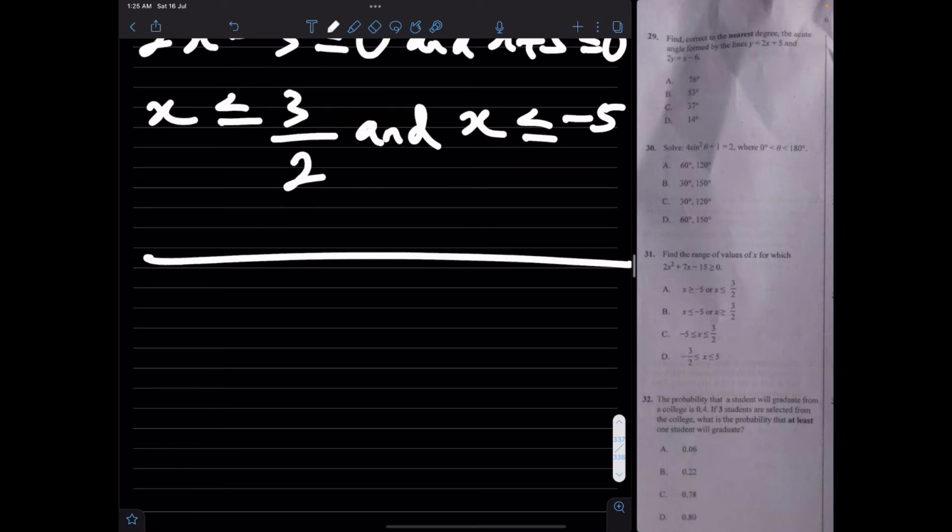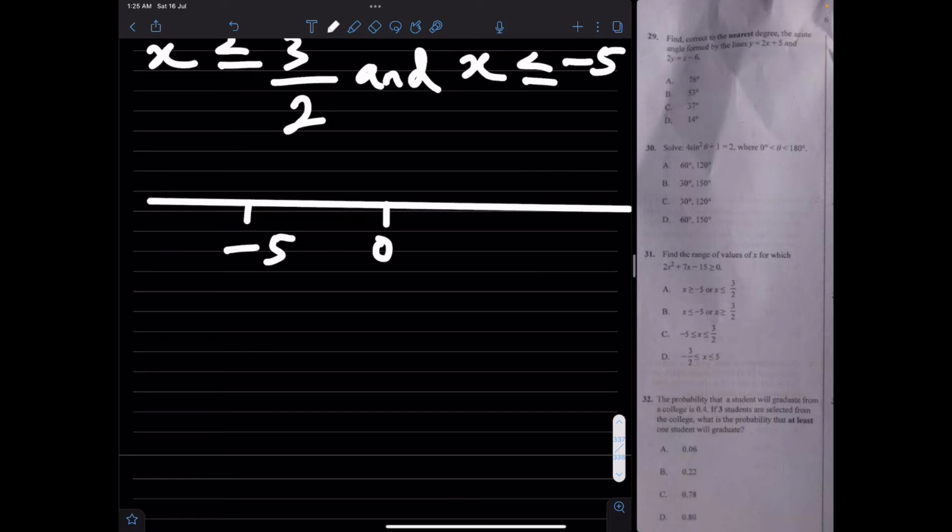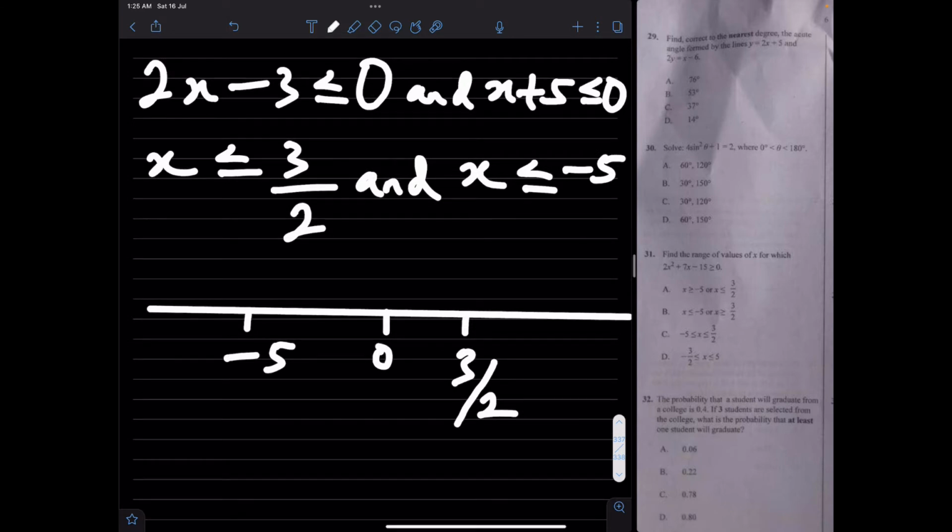We show that on the number line just to see what the single inequality that represents both of them will be. x less than or equal to 3 over 2.